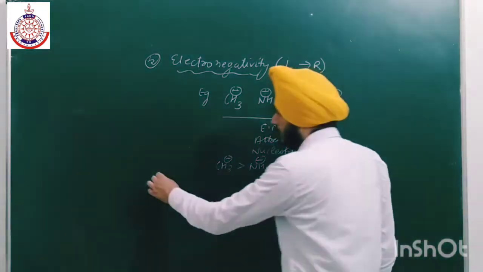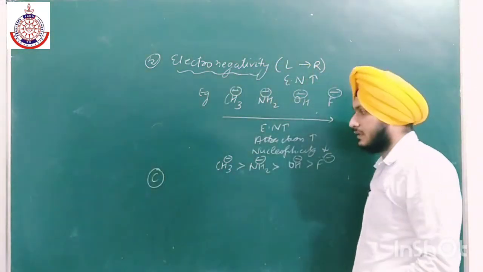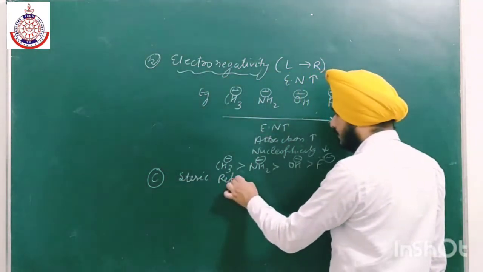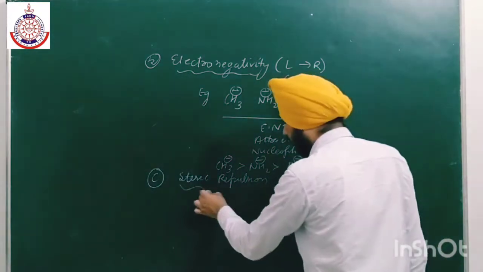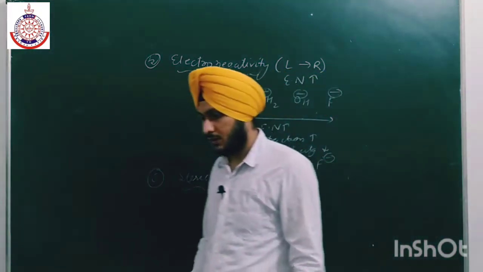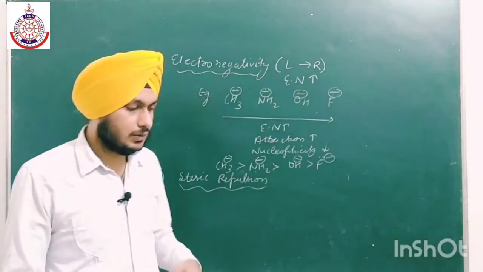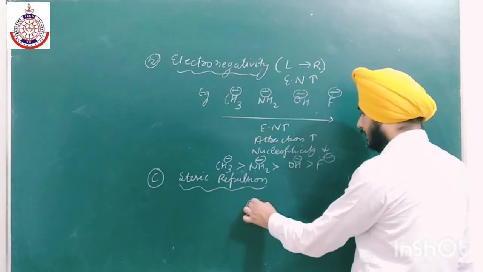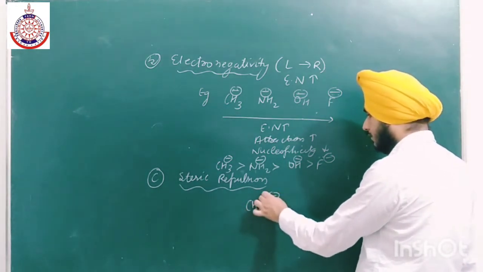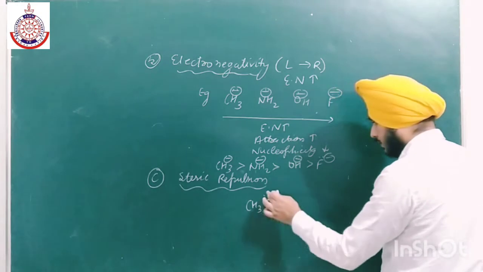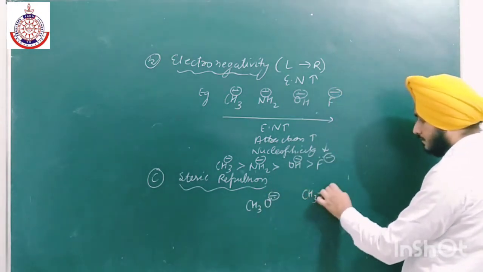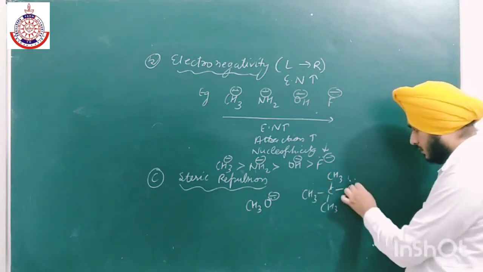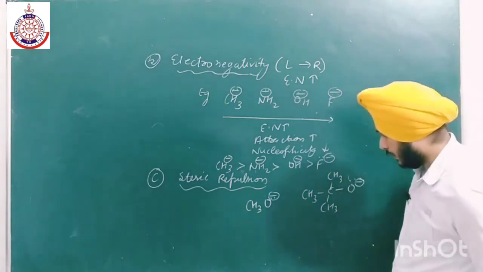The third factor which influences the nucleophilicity is steric repulsion. If the nucleophile is highly crowded, then it is not easy for the nucleophile to donate its lone pair of electrons. For example, we have CH3O negative with lone pair, and next the tertiary one with negative charge.